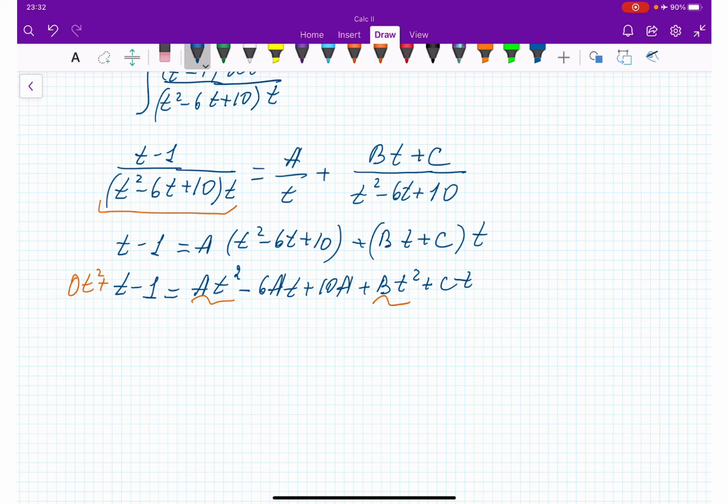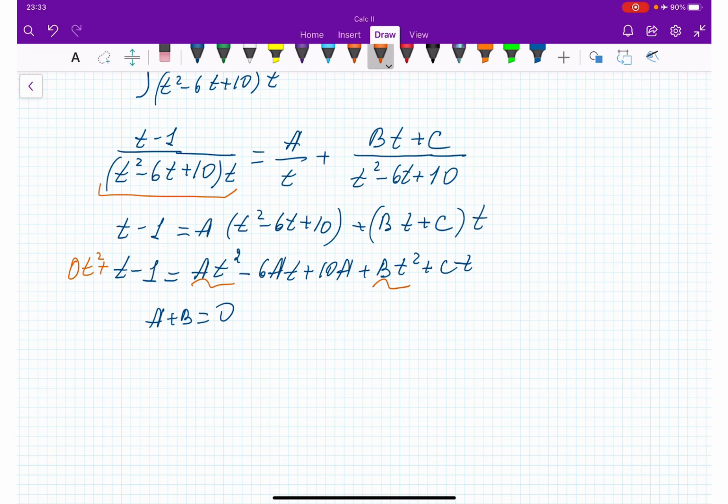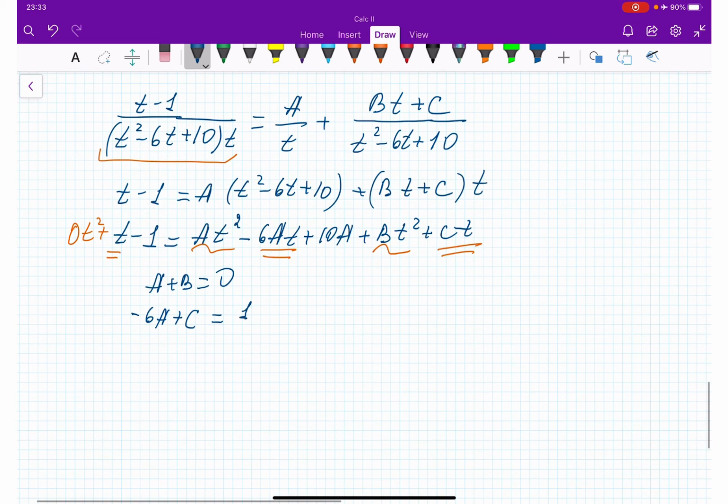So I'm going to write down a plus b is equal to 0. Now, for the coefficient of t, we have negative 6a and positive ct, and that is equal to the coefficient of t on the left, which is 1. We get negative 6a plus c is equal to 1. And lastly, the free term: we have 10a, and that is equal to negative 1.